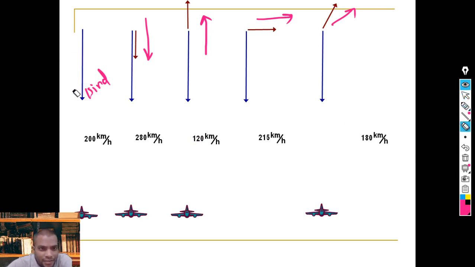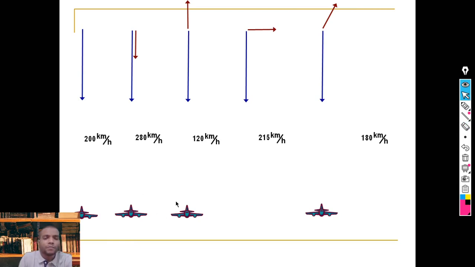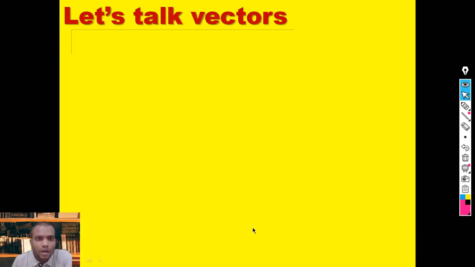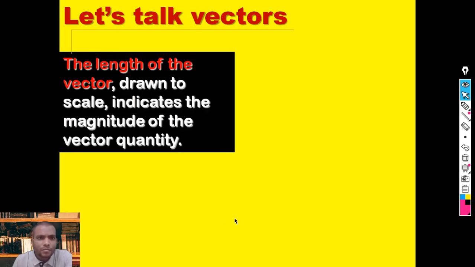So literally this example shows how velocity is a very important factor, especially the wind velocity, which plays a very important role. Let us try to learn much more about vectors.